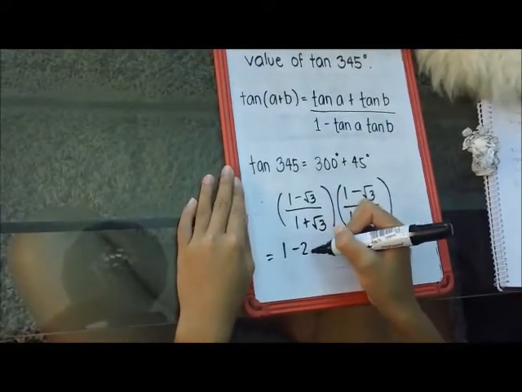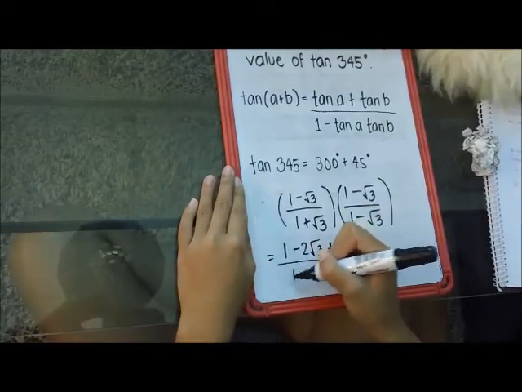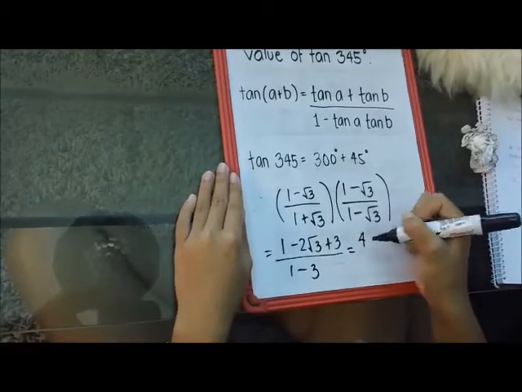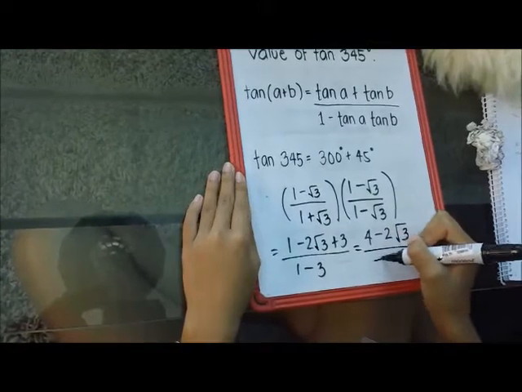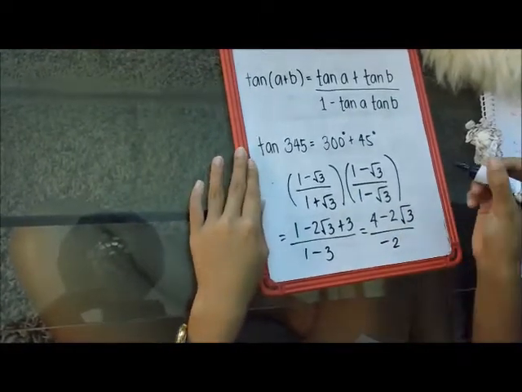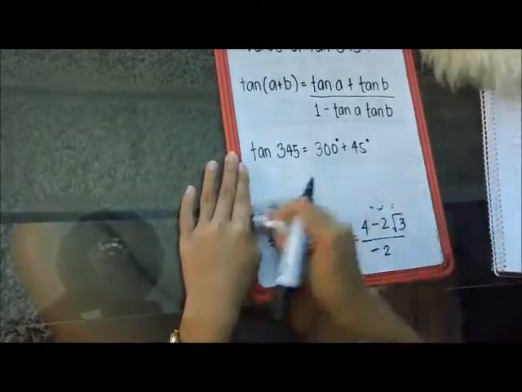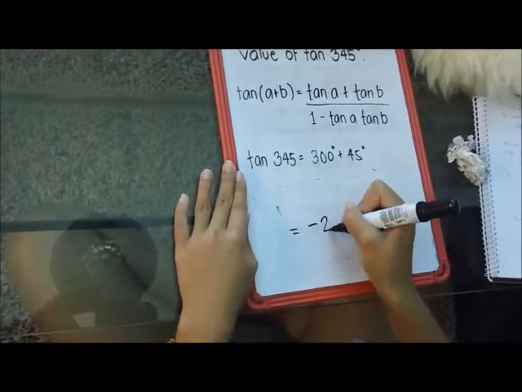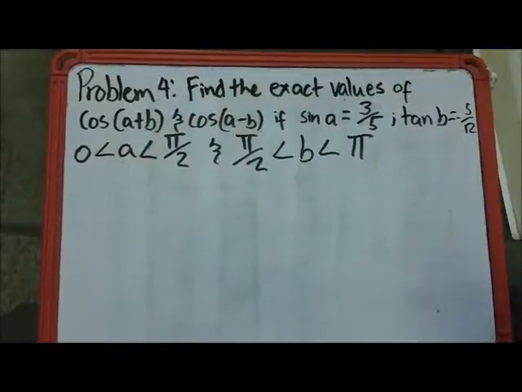So it becomes 1 minus 2 square root of 3 plus 3 over 1 minus 3, equals 4 minus 2 square root of 3 over negative 2, which is equal to negative 2 plus square root of 3.